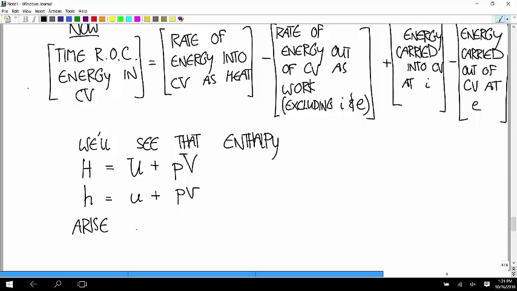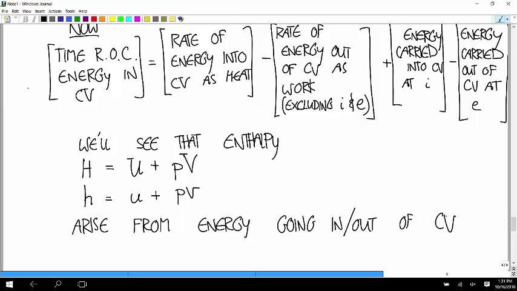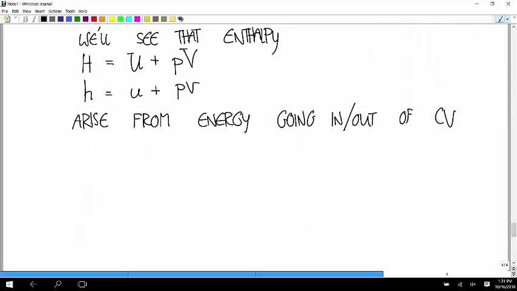Those arise from energy going in and out of the control volume as work.